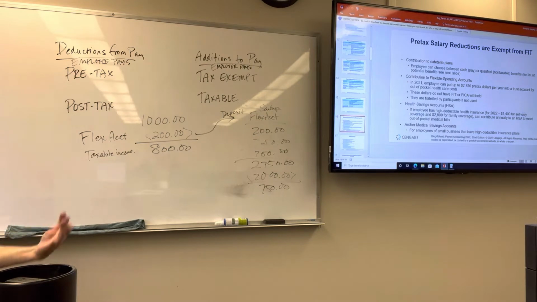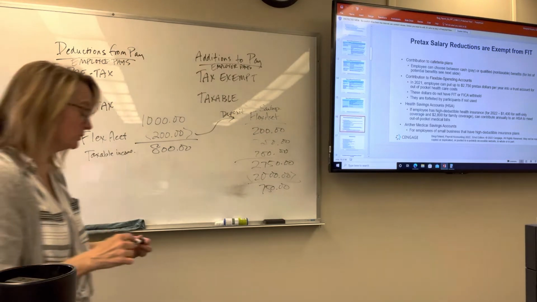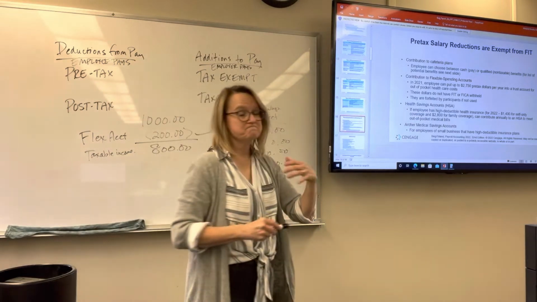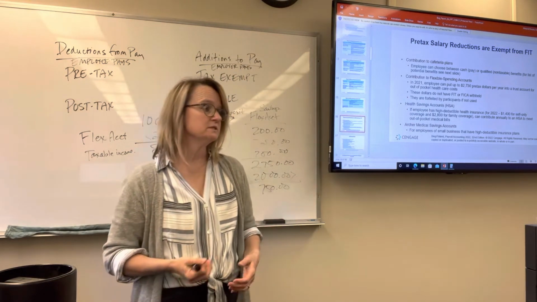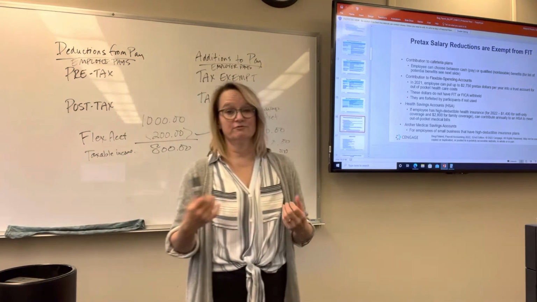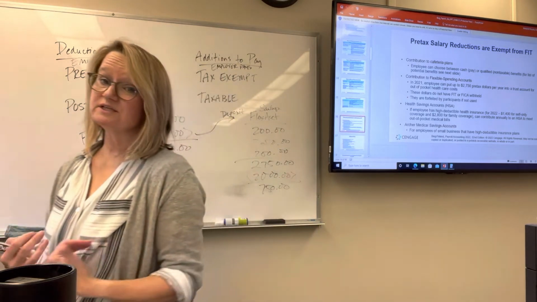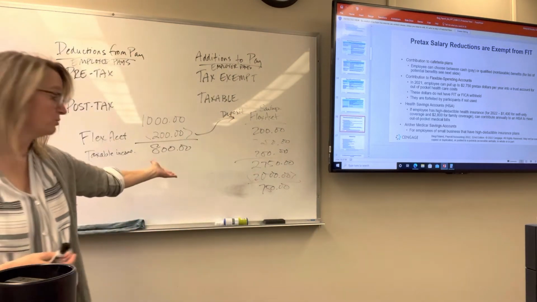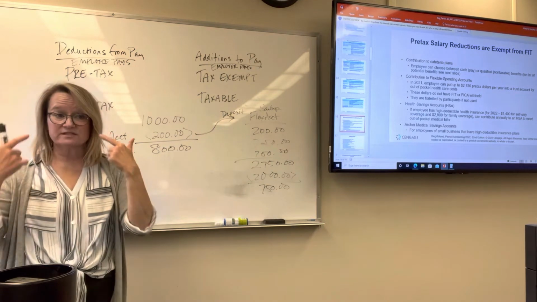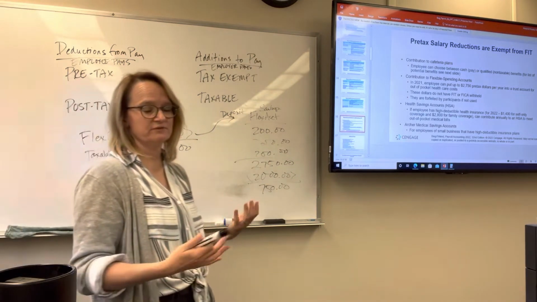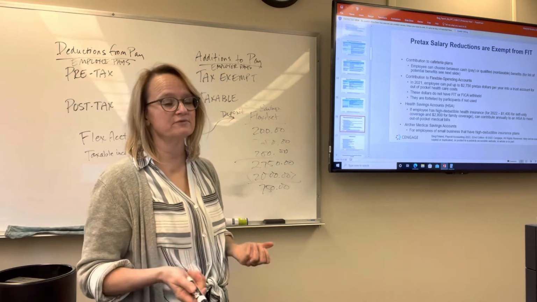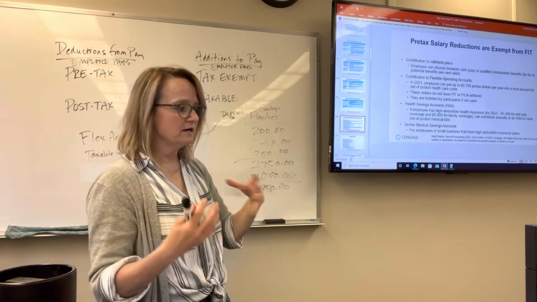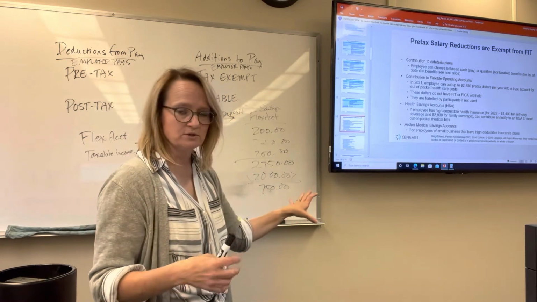Now, usually it's not really too much of a problem to spend that much on medical expenses, even when you do have health insurance. A lot of times, if you've got a teenager, orthodontia is included in that. You could pay for braces with that, glasses, all kinds of different medical expenses. A lot of over-the-counter stuff is also included in that.